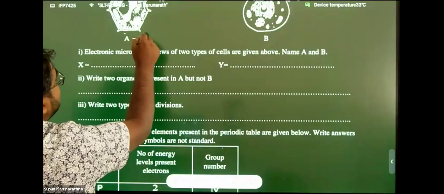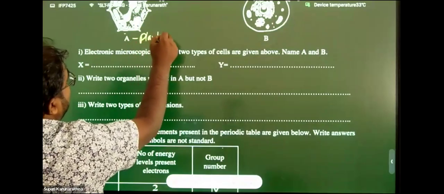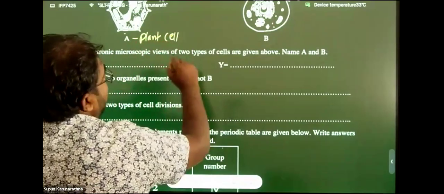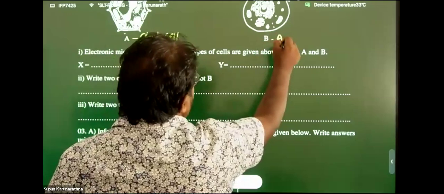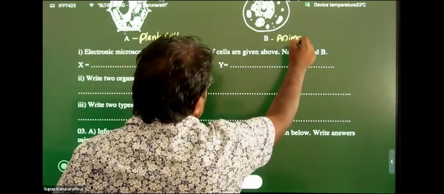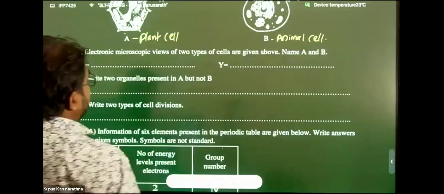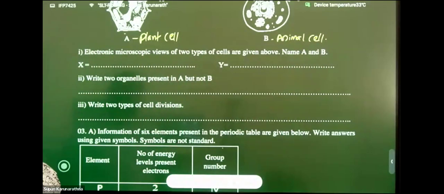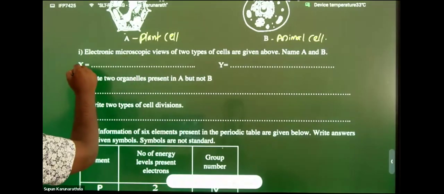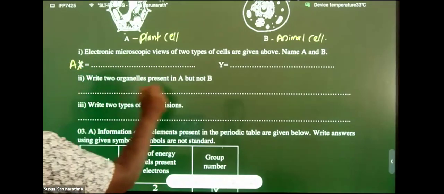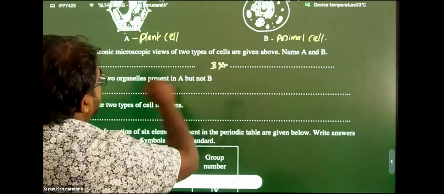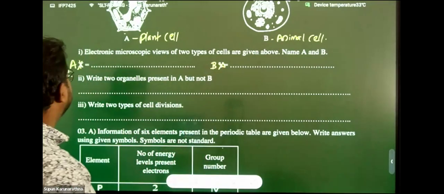A is a plant cell. B is an animal cell. So here should be A and here should be B: plant cell and animal cell.